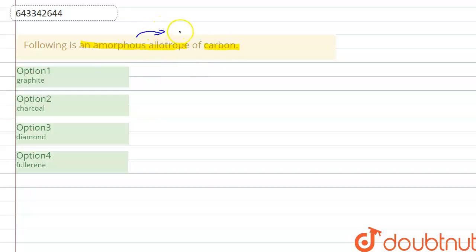First of all, we will see what is the meaning of amorphous. Amorphous means a substance or a structure that does not have any crystalline structure.